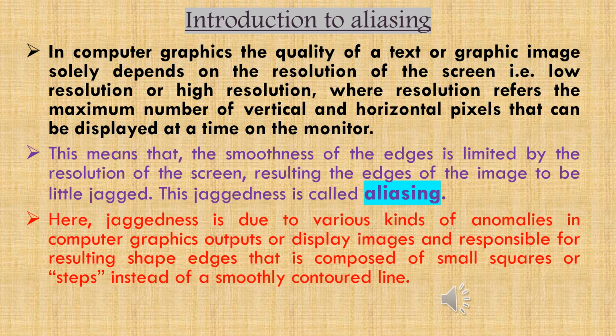Here jaggedness is caused due to various kinds of anomalies in computer graphics outputs or display images, and is responsible for resulting shape edges that are composed of small squares or steps instead of smoothly contoured lines.